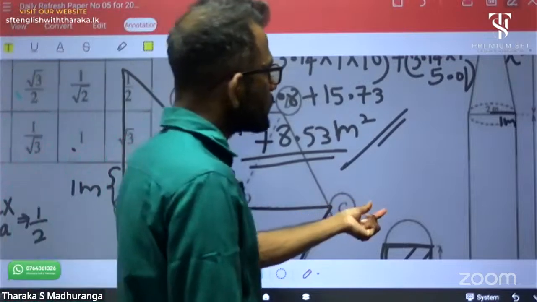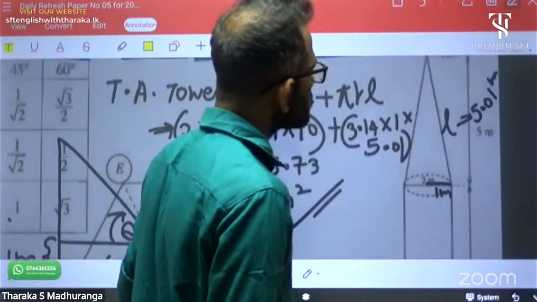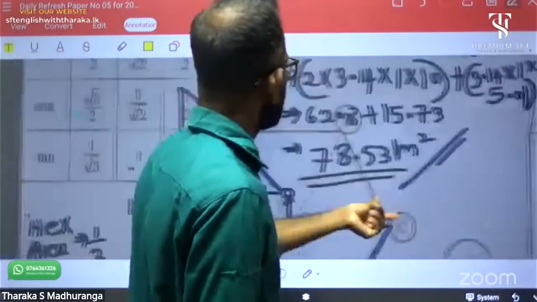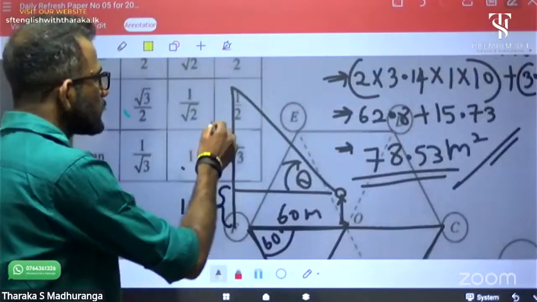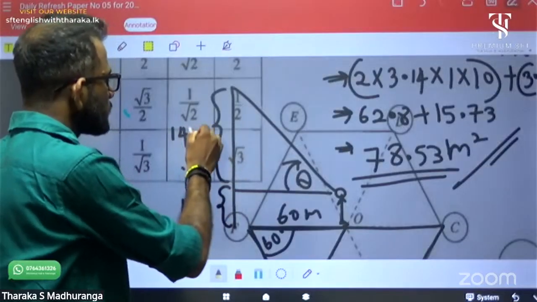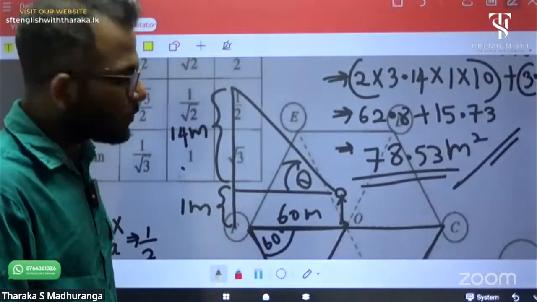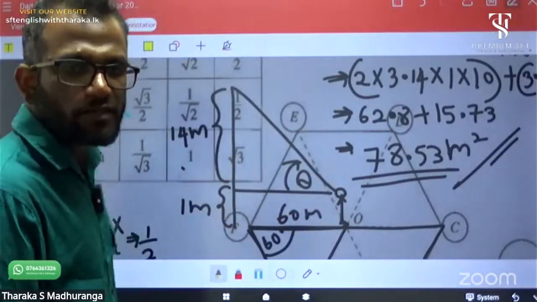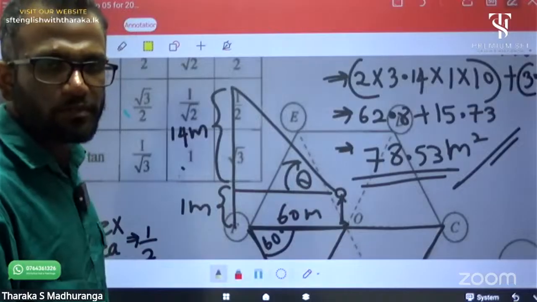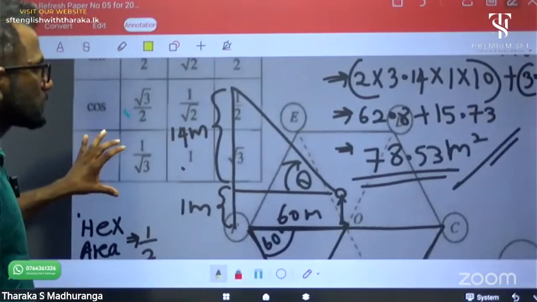Okay. Now the total height of the tower is 15 meters, but due to the eye level, it is only 14 meters. Very simple again. Now the adjacent is 60, which you got in the first part. Then the tangent of the angle.